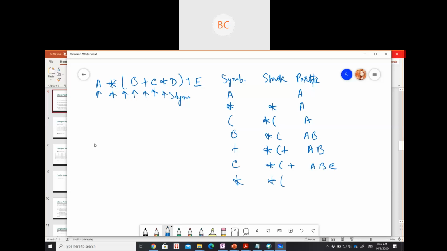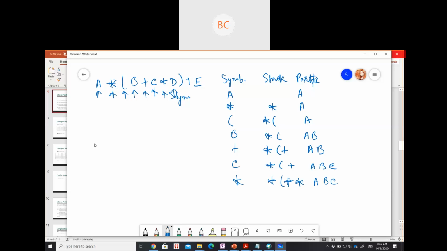So now what happens? You will see what is here. But the thing is, even if your multiplication has higher precedence than plus, before that we have an opening bracket. So you have to wait until you get a closing bracket, right? So therefore you will simply push this multiplication symbol inside your stack and keep it the same.